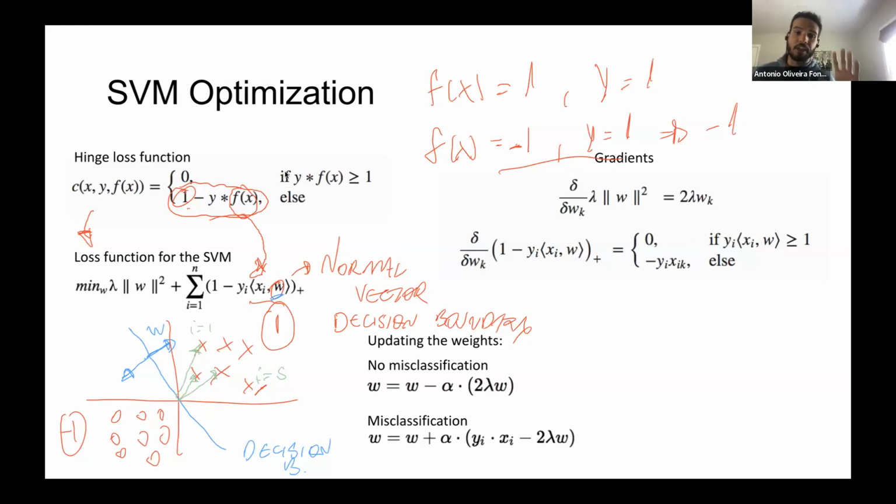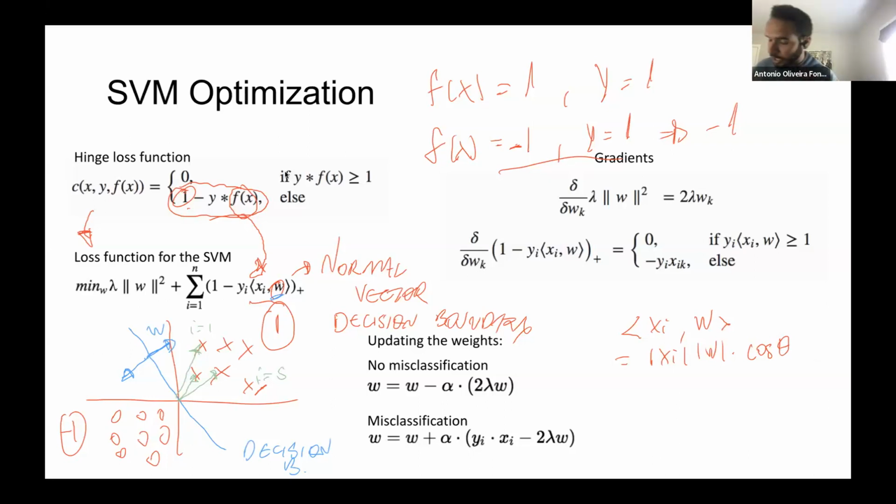So now I'm going to perform the product of these two vectors. The product of xi and w, you can approximate as being the magnitude of xi times the magnitude of w times the cosine between those two vectors, right?